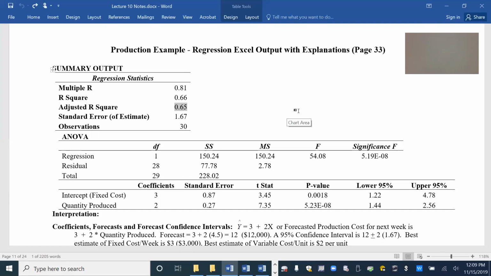It means 65% of the variation in production cost is explained by knowing the quantity produced. Most of the variability in our production cost is attributable to the quantity we produce. 65% of the variation in whatever it is we're trying to predict, actual cost, is explained by this regression equation.